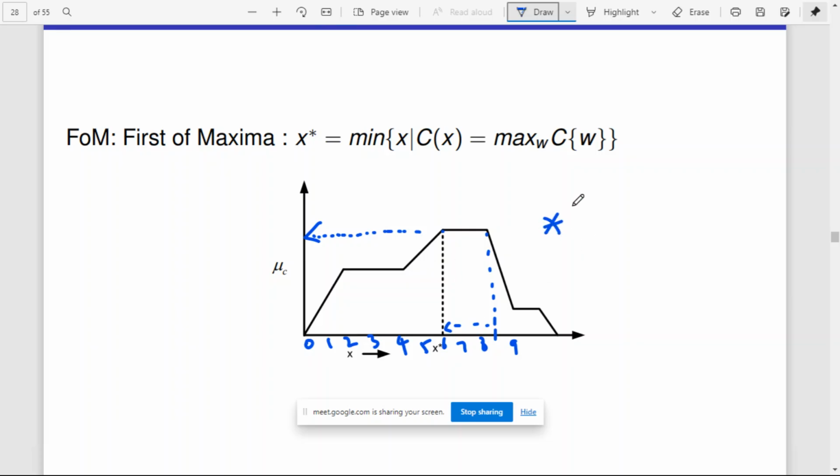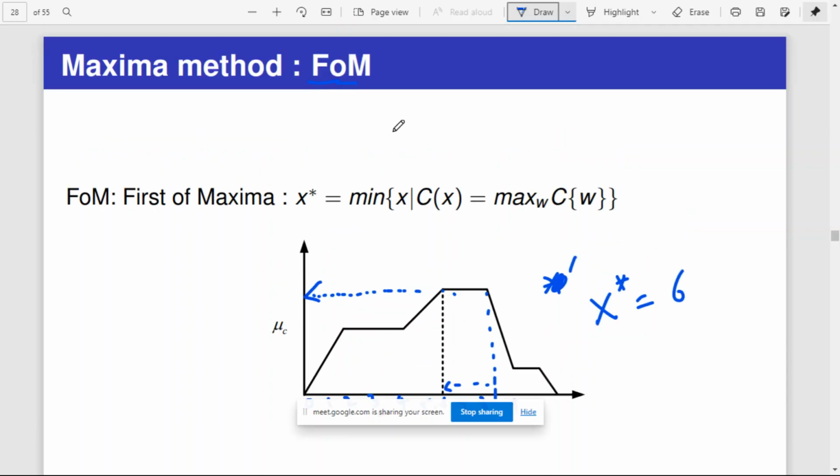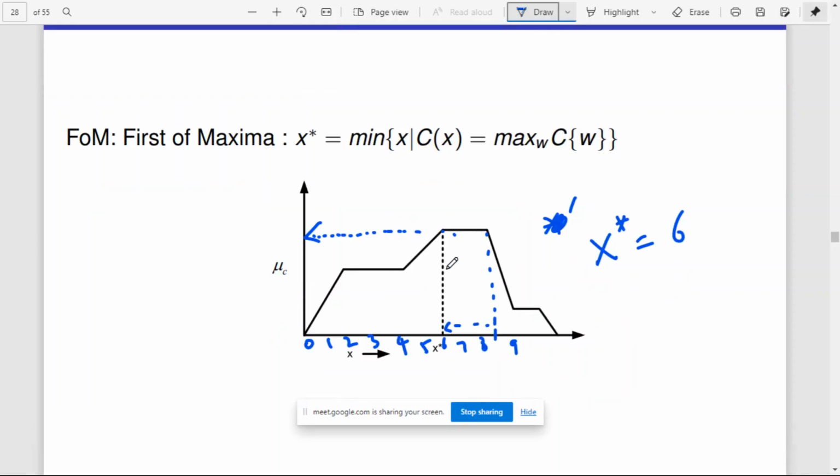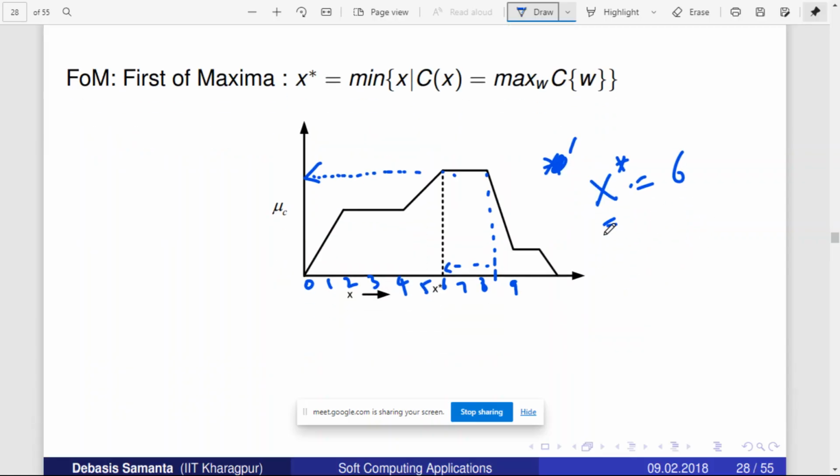So x star will be 6. Even though 6, 7, 8 all three give the highest membership value, we have to take the first one. That is what this technique says, first of maxima. So the equivalent crisp value generated is 6.